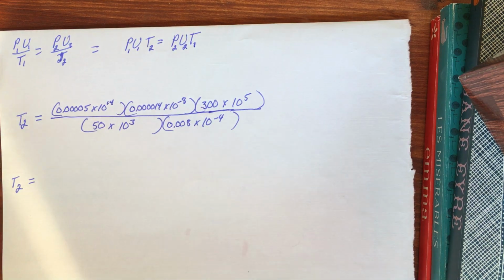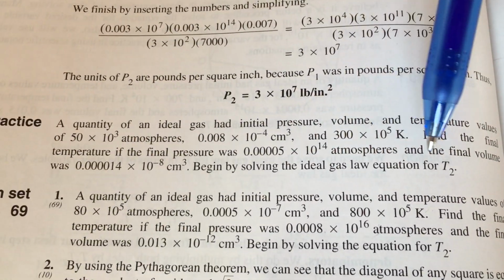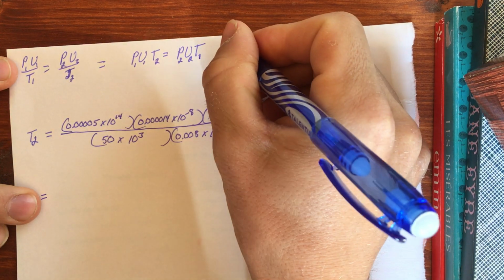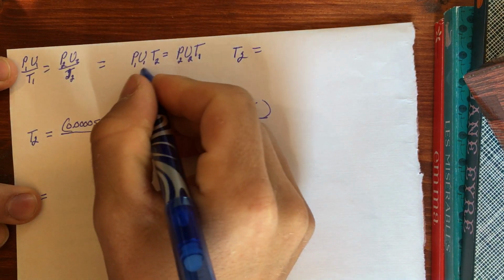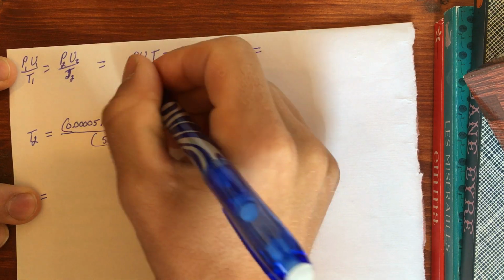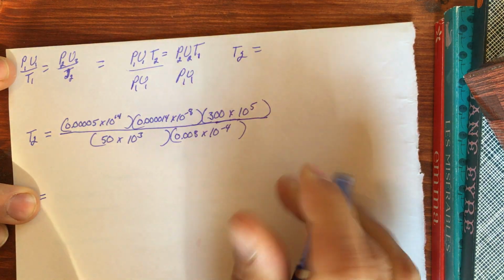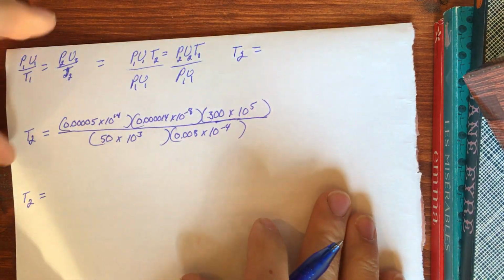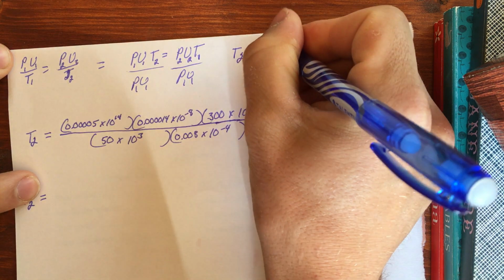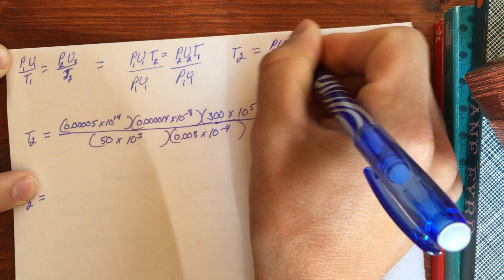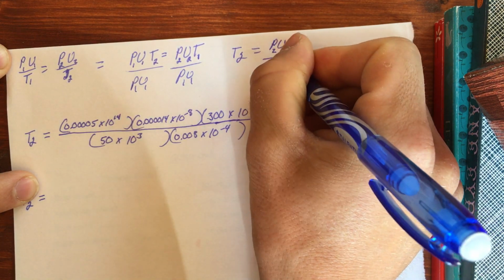And our practice set that we're going to work together says begin by solving the ideal gas law equation for T2. So we're going to solve for T2 over here. And if this equals, then T2 equals, and we just divide both sides by P1V1. So T2 equals P2V2T1 over P1V1.